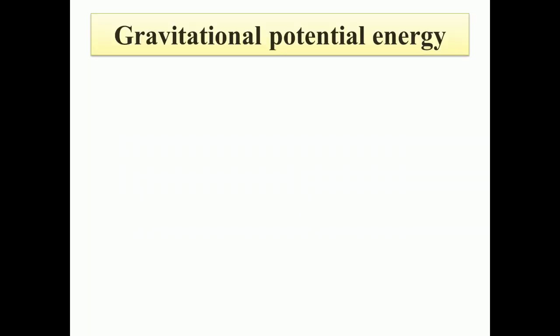Now we will study the gravitational potential energy, because we are all bodies on the surface of the earth. As you know, every body in the universe, that is planets and stars, has gravity. Our earth also has gravity, with an acceleration of 9.77 meters per second squared.